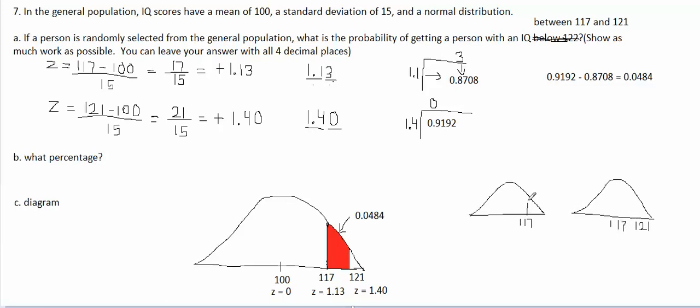So what the table gave us when we solved the first part right here was the probability to the left of 117. So here we have 117 with its z-score of 1.13.